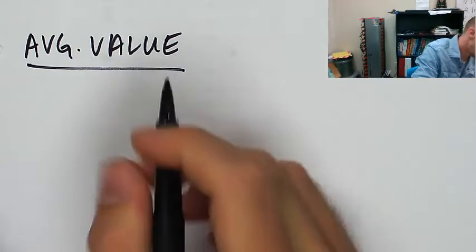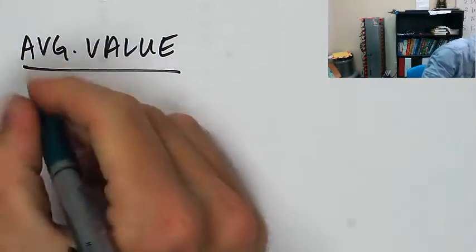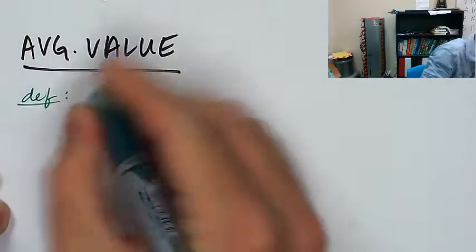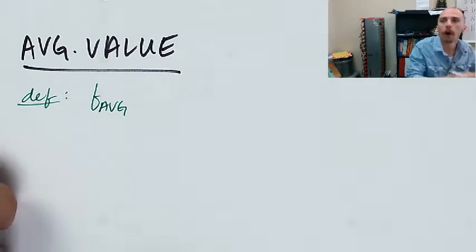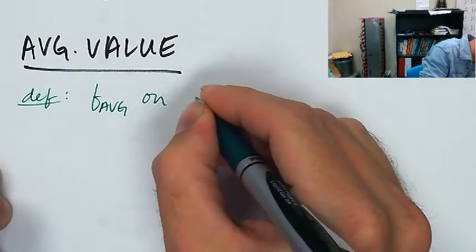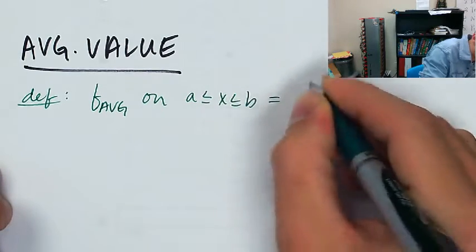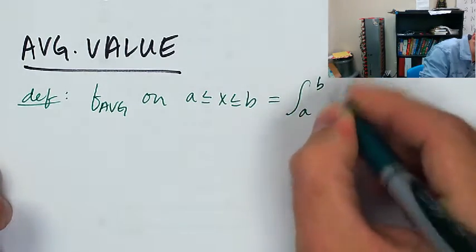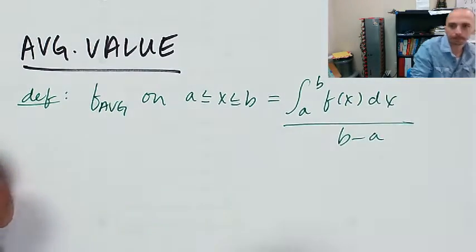So the average value is, remember the definition of average value is the average value of f on an interval, you know, a to b is equal to the integral from a to b of f of x dx divided by b minus a.